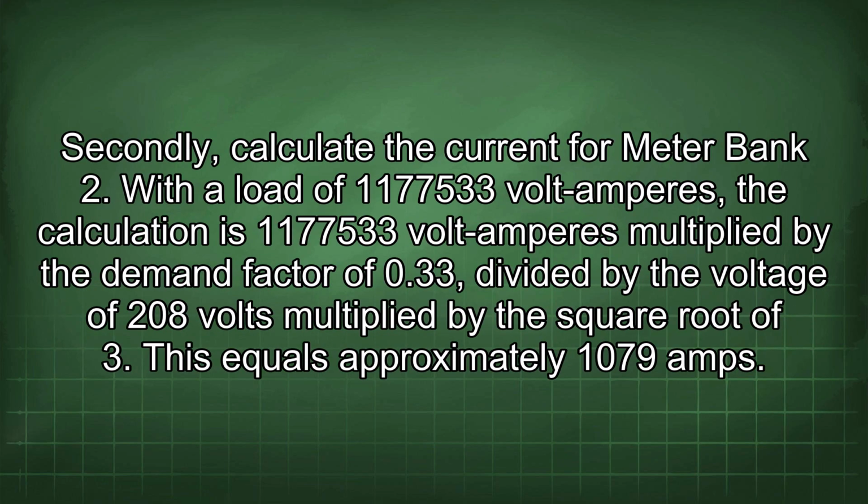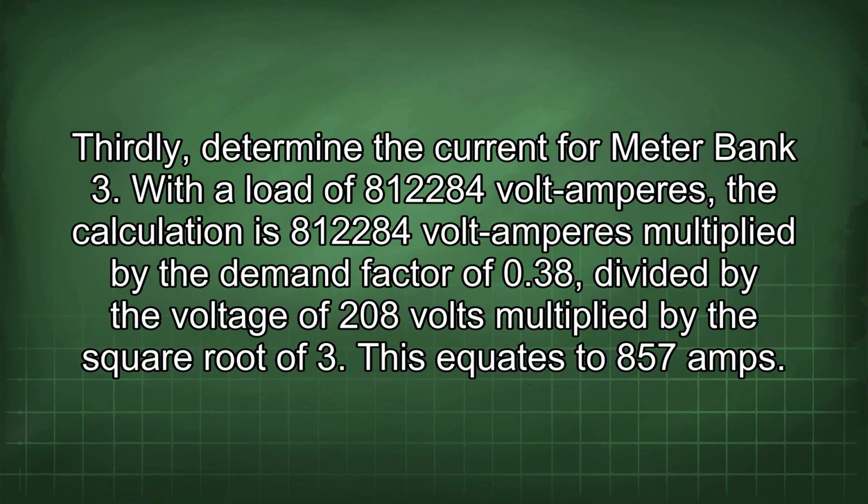Secondly, calculate the current for meter bank 2 with a load of 1,177,533 volt amperes. The calculation is 1,177,533 volt amperes multiplied by the demand factor of 0.33 divided by the voltage of 208 volts multiplied by the square root of 3. This equals approximately 1079 amps.